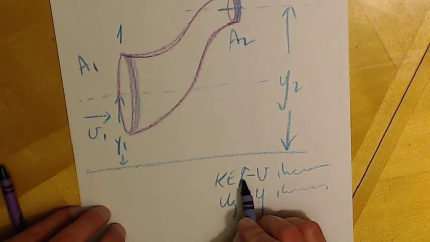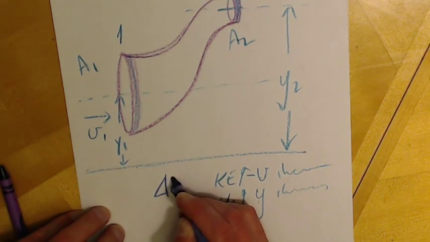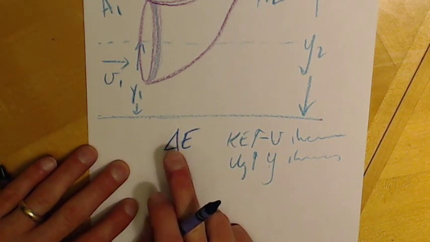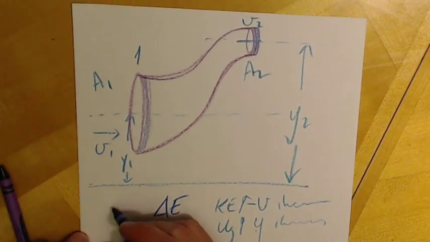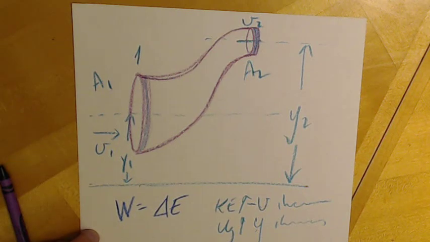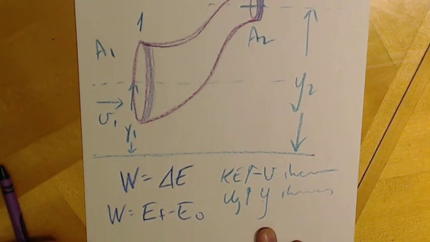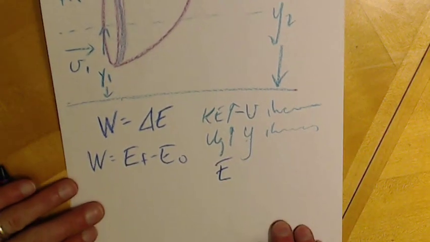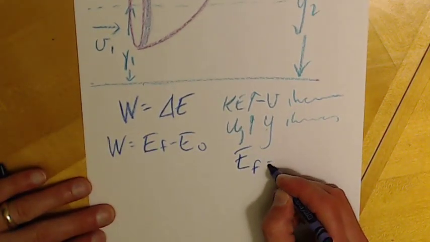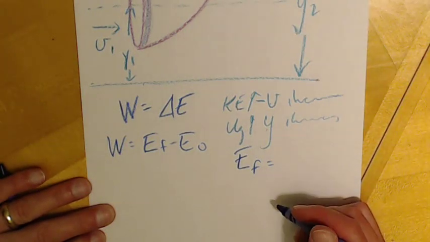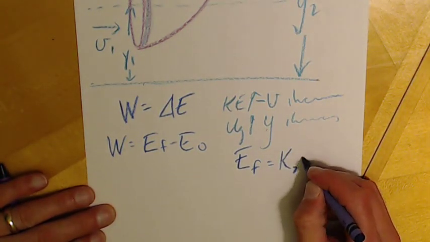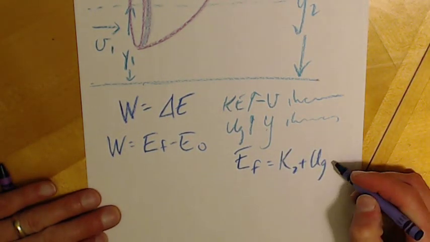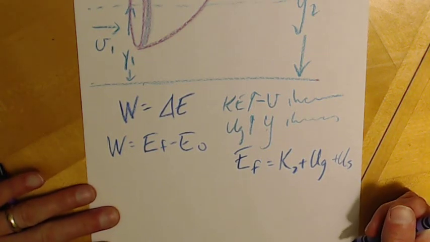So I'm changing the energy. What causes changes in energy? Work. Work causes changes in energy. So work equals E final minus E initial. E final is all this stuff over here: the kinetic energy at 2 plus the gravitational potential energy at 2, plus the spring potential energy at 2.